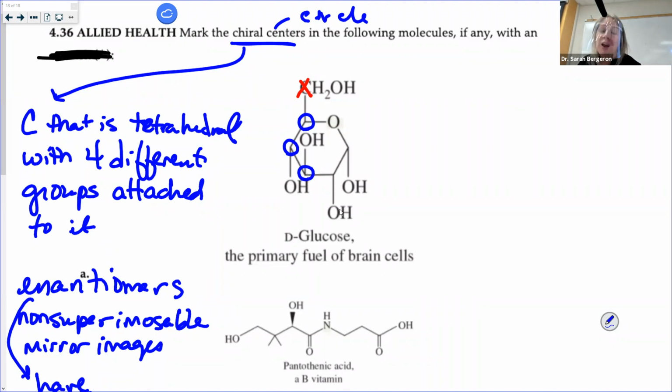Same thing, right? I have a hydroxyl, part of the ring, and a hydrogen. So chiral or achiral? Chiral. How about this carbon? Same thing, right? I have a hydroxyl, I have this portion of the ring, I have that portion of the ring, and I have a hydrogen. So chiral or achiral? Chiral. So how many chiral centers do I have?